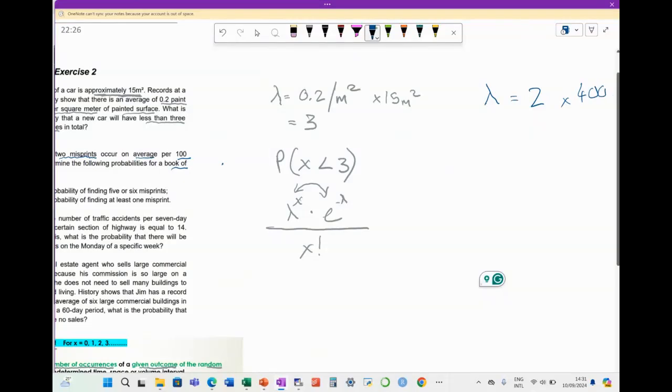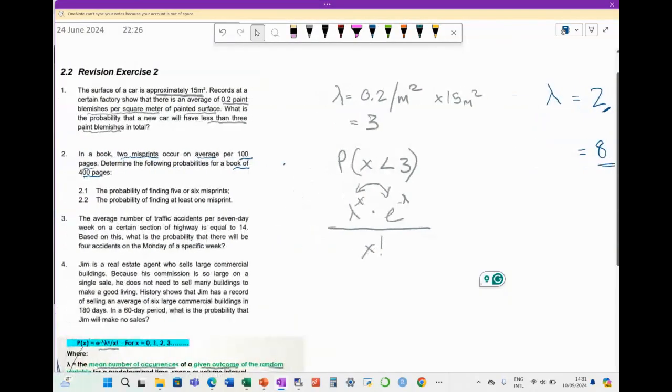What is our average for 400 pages? Basically what we want divided by what we have times what we have. That should give you 4 times 2, which will give you 8. So our average here is 8. We have that out the way.